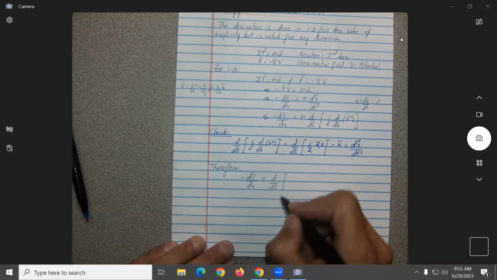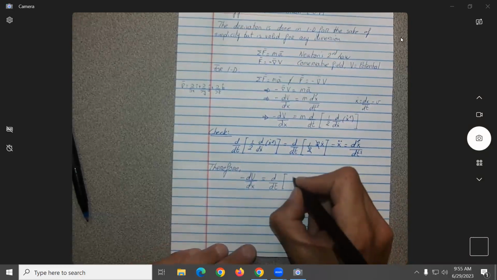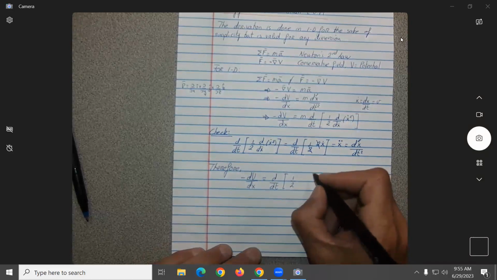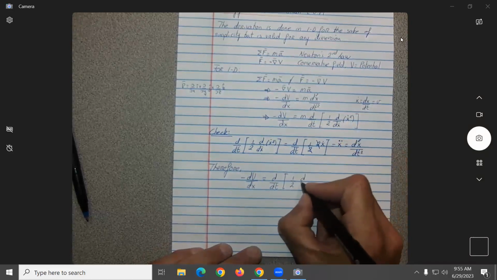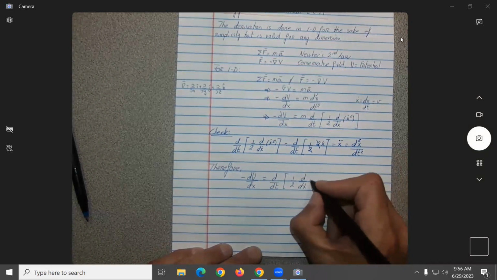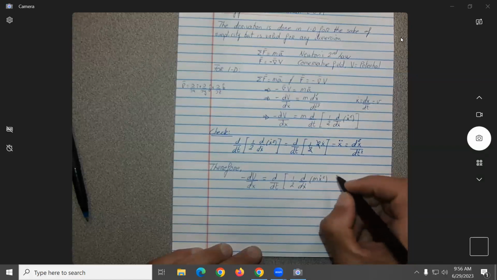Since m is a constant, I can put it anywhere I want. So let's say I write this form, 1/2. That would be d dx dot of m x dot square.